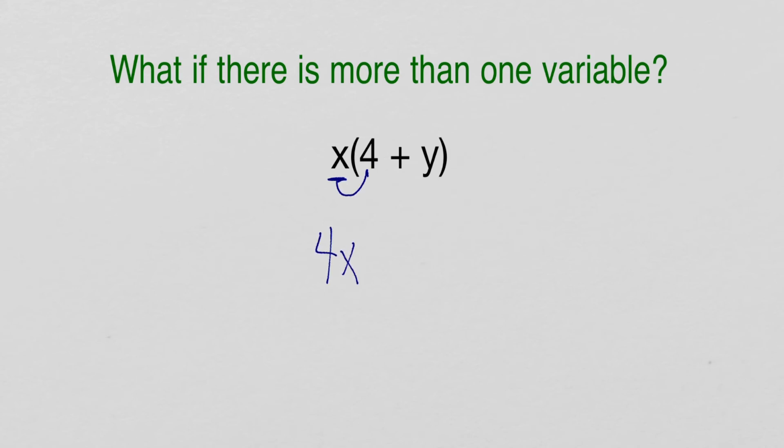I'm then going to say x times y, that's xy. And I had an addition sign, so I put that there. So I get 4x plus xy. That's my answer. I'm just leaving it like that.